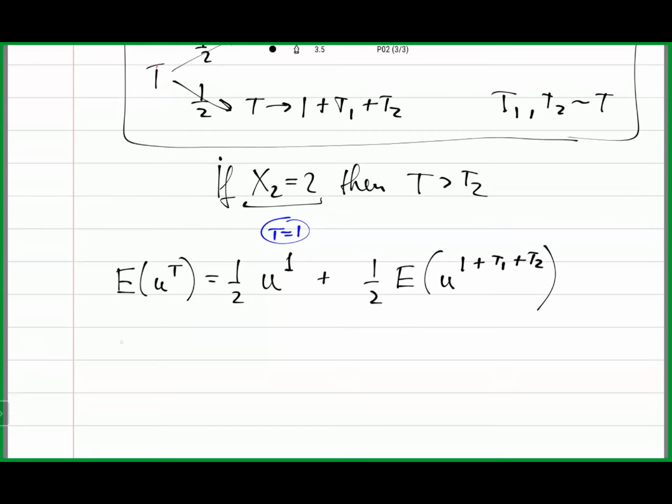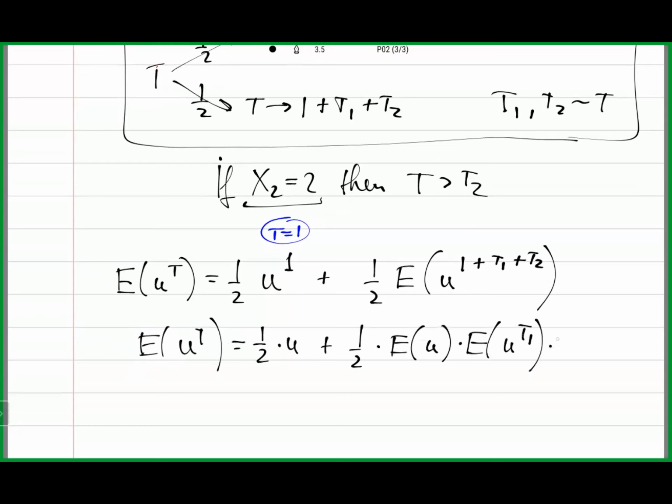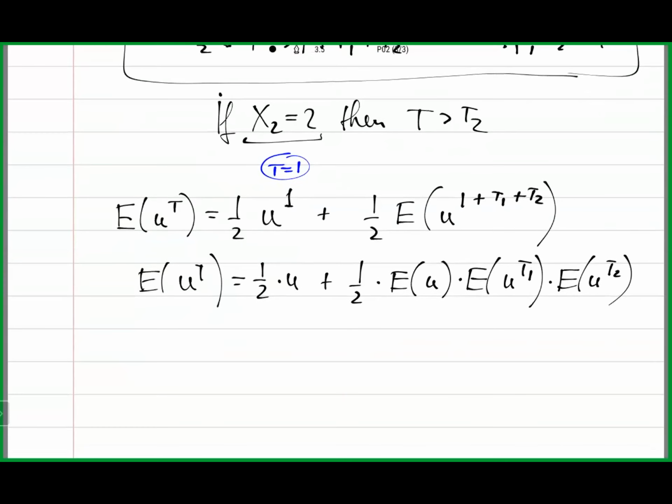Hence, we have this function g of u, the expected value of u to the power t, is 1/2 times u plus 1/2 times u times the expected value of u to the power t1 times the expected value of u to the power t2, because t1 and t2 are independent. I've got the first step equation.